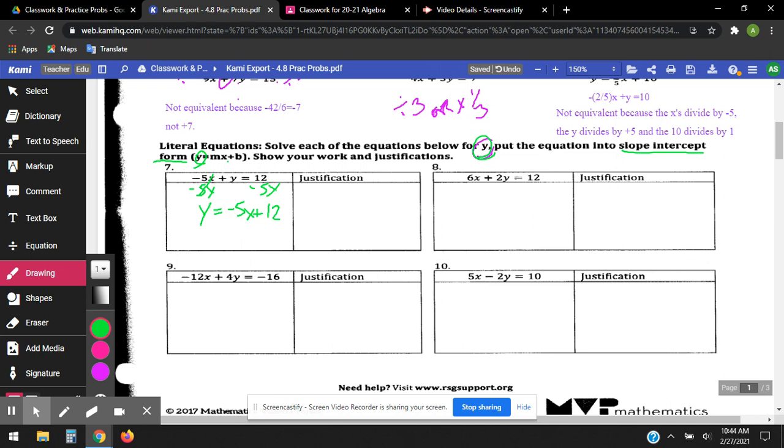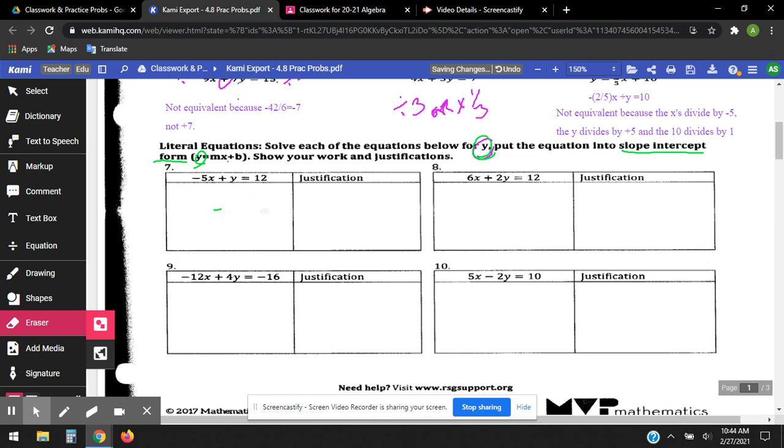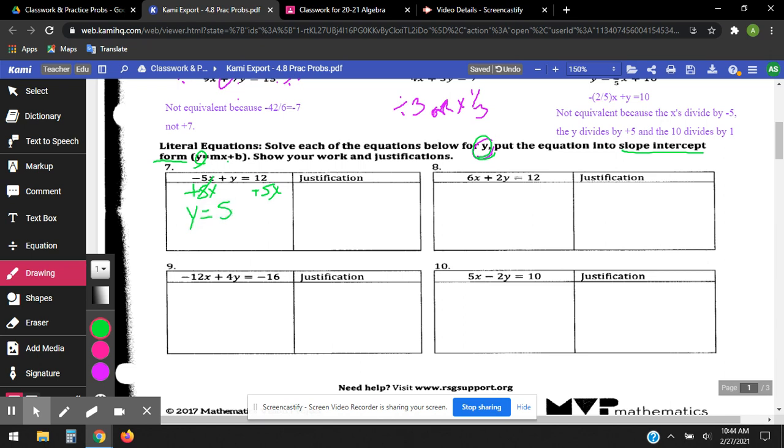Oh, I just saw a mistake. Undo, undo, undo. Anyone catch that too? Say, wait a minute. Negative 5x opposite is adding 5x. Aha, now they cancel. Y equals 5x plus 12. This is an addition property. That's all we needed for it.